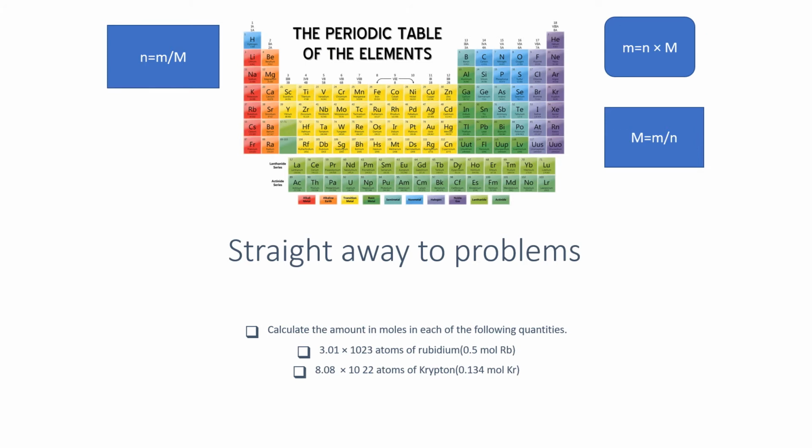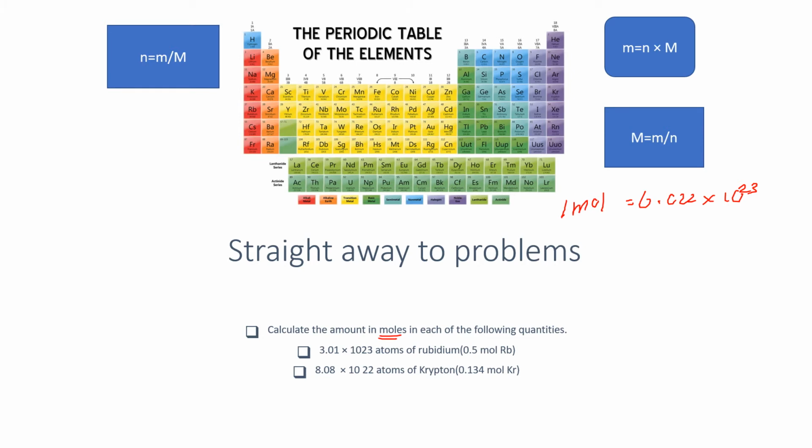Okay, calculate the amount of moles in each of the following quantities. So now they're asking amount of moles. So 1 mole is always 1 mole, like I said before. 1 mole is 6.022 10 to 23.